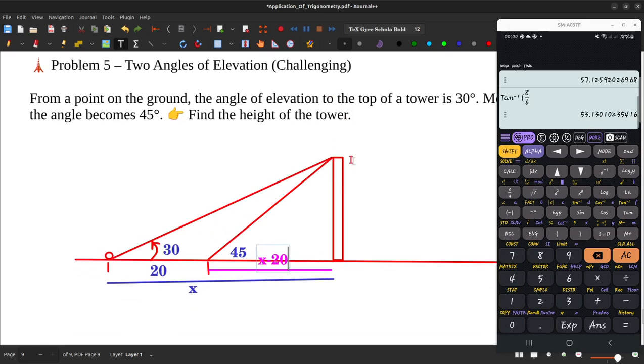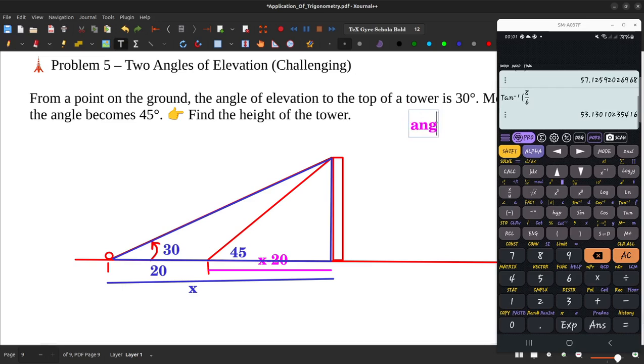We are going to make two equations there and then solve. From the first triangle, let me highlight it in blue. From this triangle, what do we have?